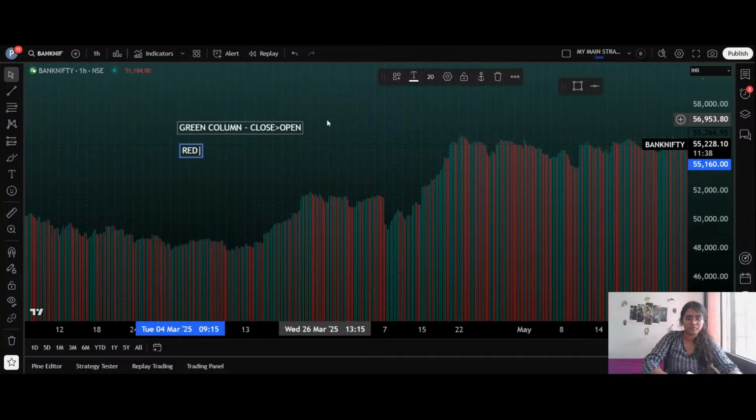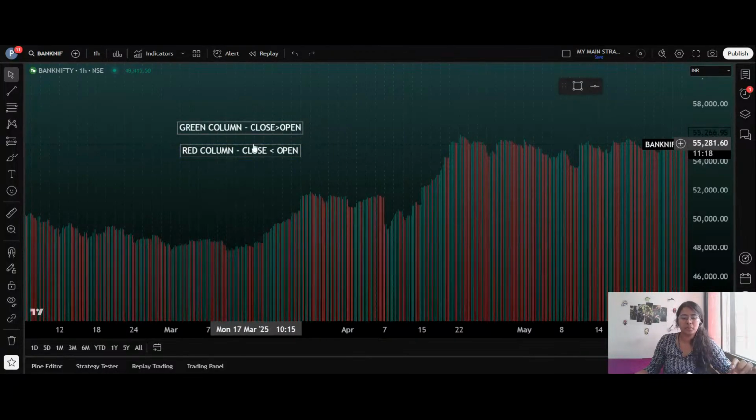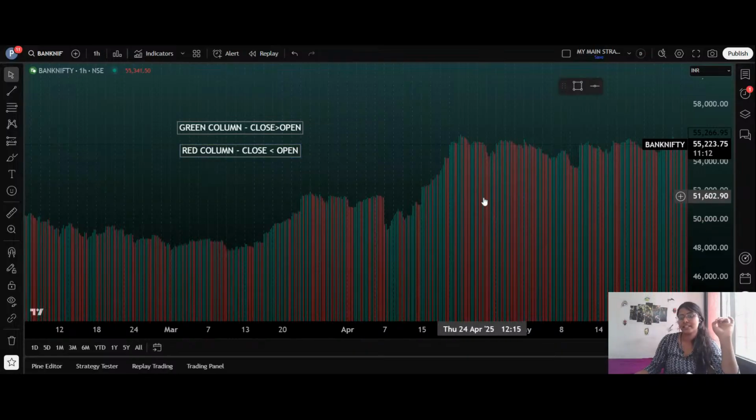And red column is used when the close price is less than open. I hope that this is very much clear to you. The green column is when the close price is greater than the open price, and the red column is when the close price is less than the open price.